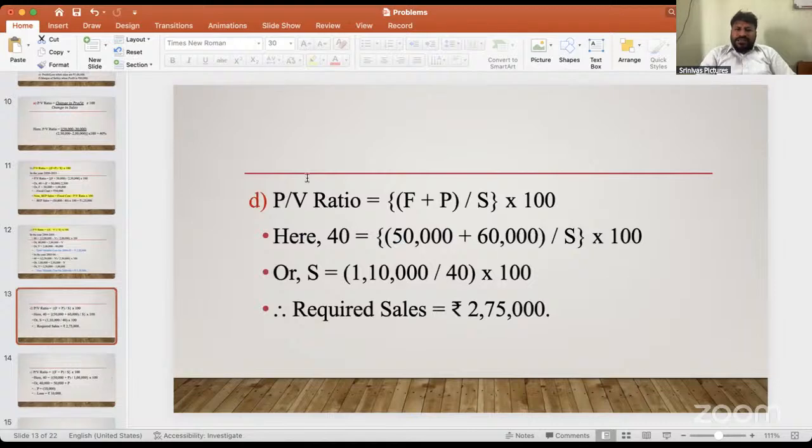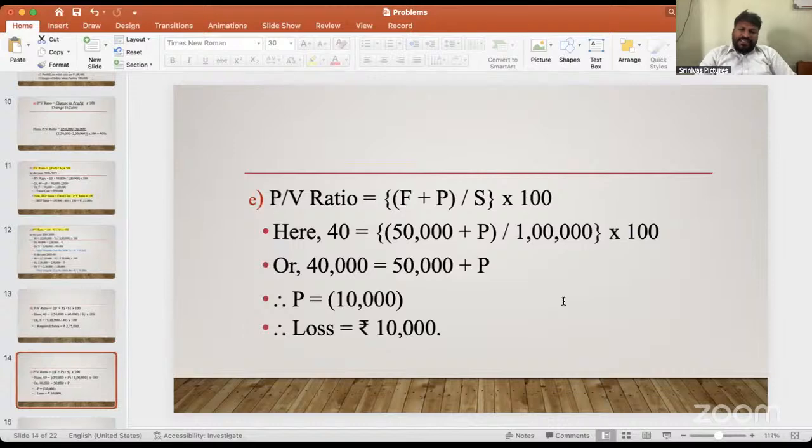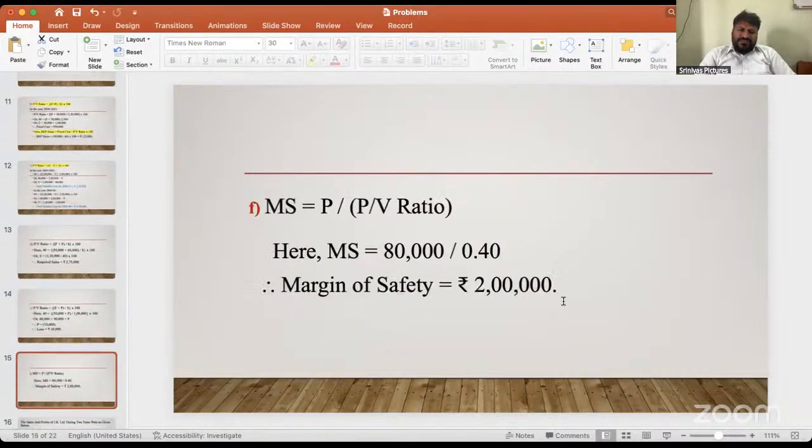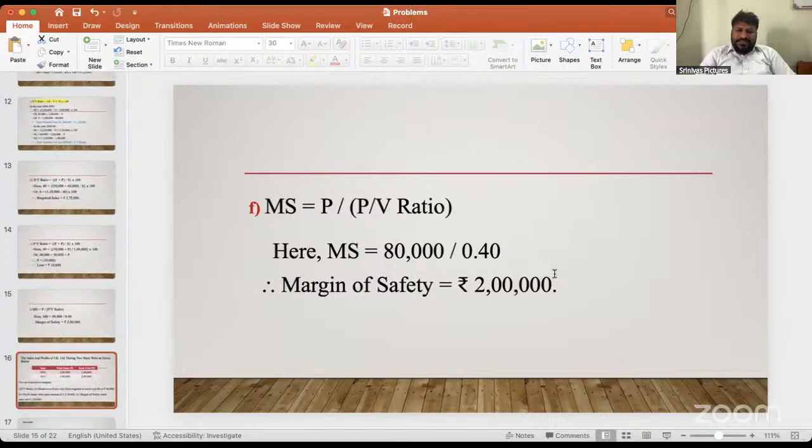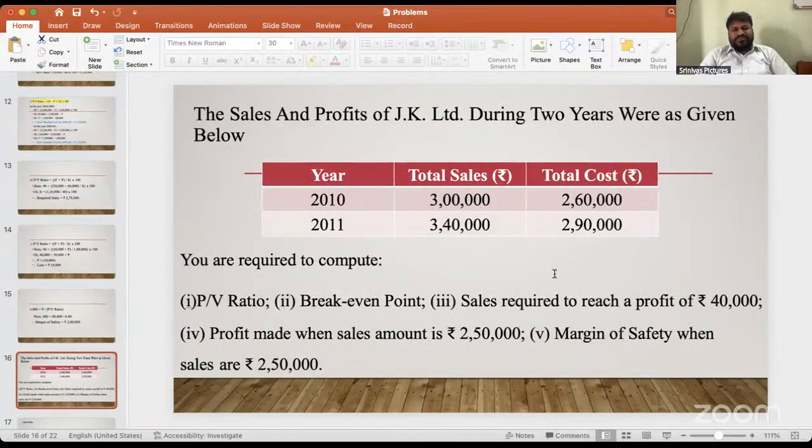See here, the required sales is 2,75,000, I explained, and minus 10,000 is the loss when sales are 1 lakh. That I also explained. Margin of safety when the profit is 80,000 should be 2 lakhs. I already explained that, so this is the same problem as the previous one. You can go through it once.